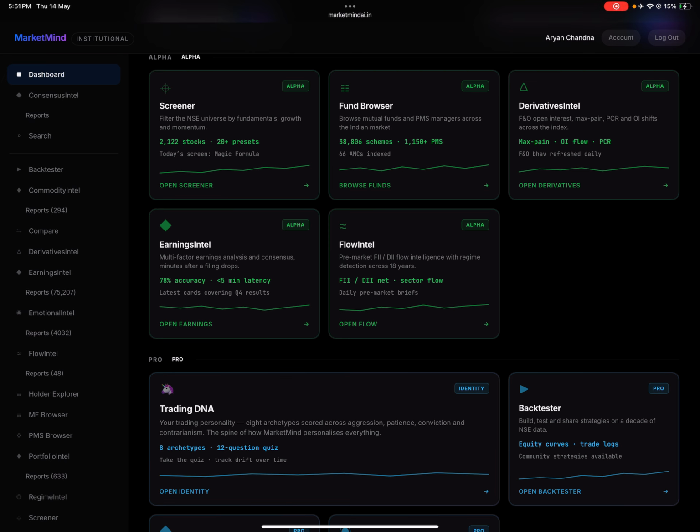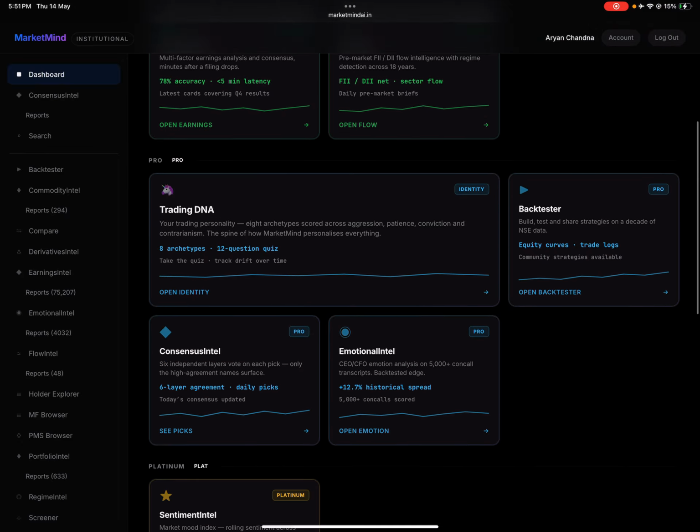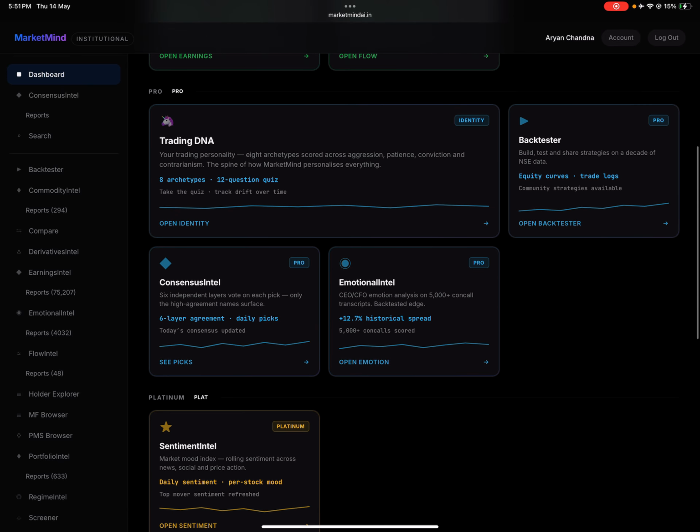And of course, both of these also have backtest sections where we've pointed out the really powerful signals from each of them.